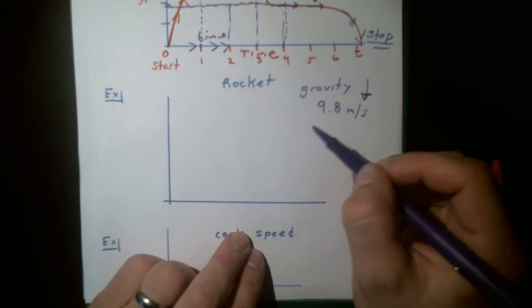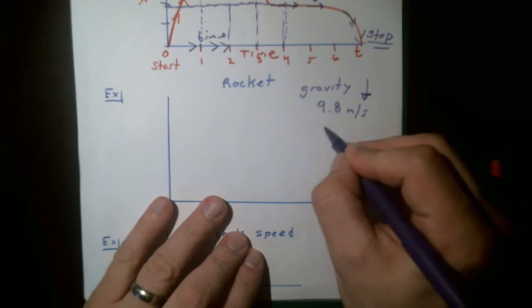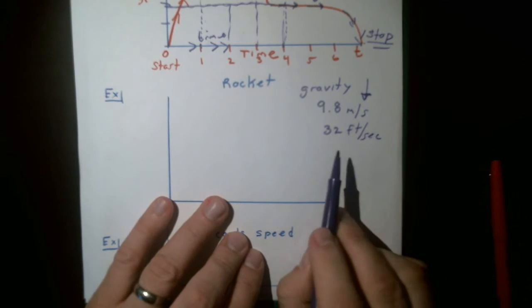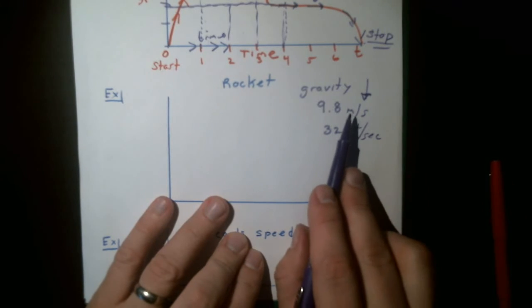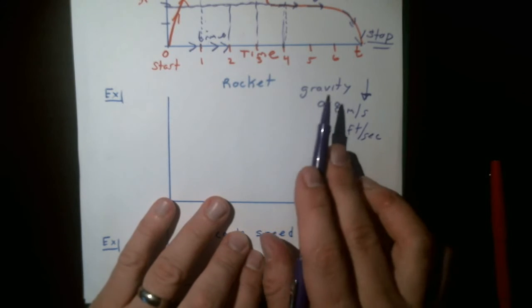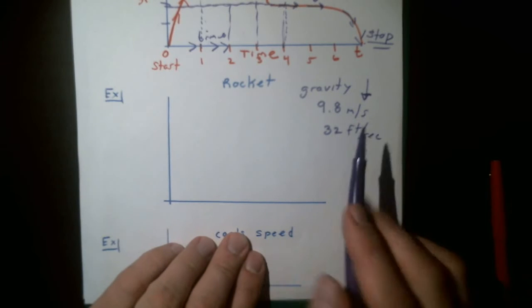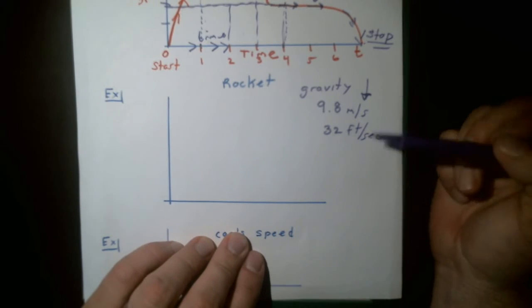It's what we call acceleration. Or sometimes you can do 32 feet a second. So that's in feet, and this is in meters. That's not really the point of this, but just think of it: gravity is always pushing you down.